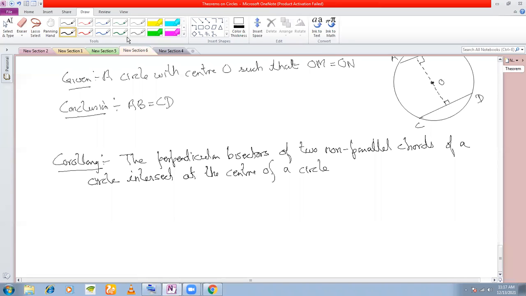Okay, what does this mean? You have a circle with center O, and you have two chords that are non-parallel. Say this chord, and let's say this chord. These two are non-parallel chords, AB and CD.